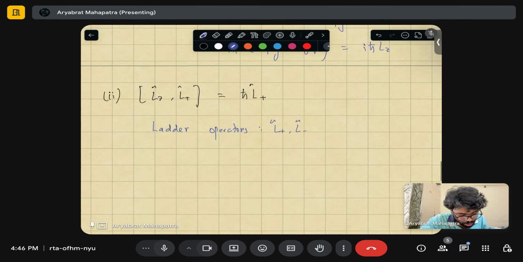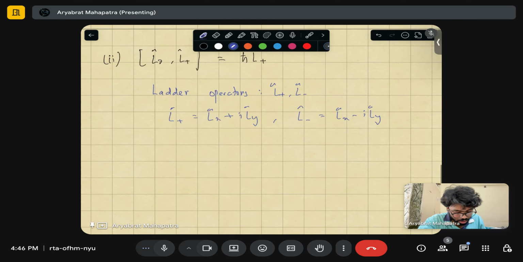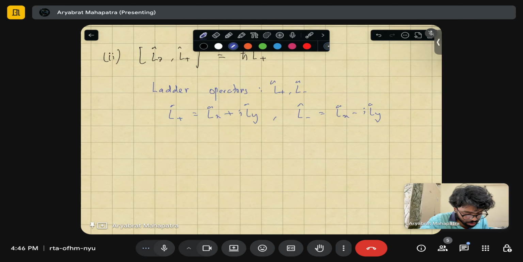Now, how are they defined? L plus is defined as Lx plus i Ly, and the L minus operator is defined as Lx minus i Ly.